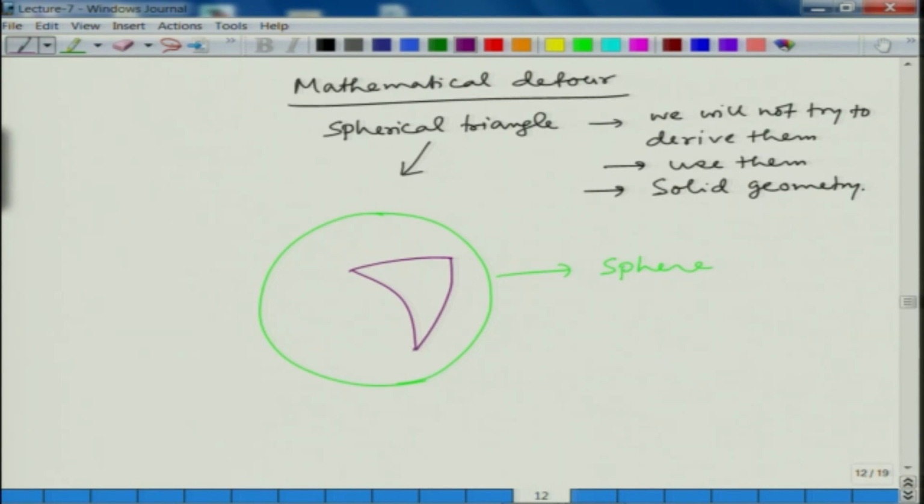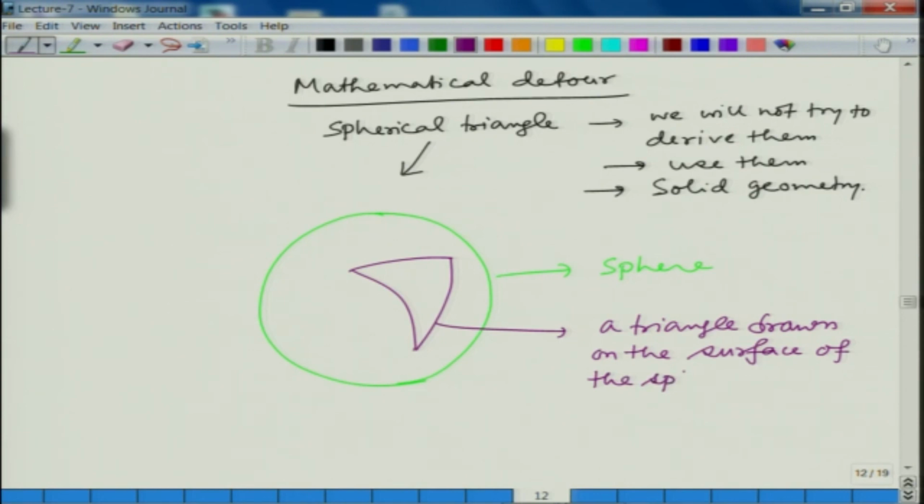Because even if you draw a straight line on the surface of the sphere in 3 dimensions, it will look like this. Okay. So, this is a triangle drawn on the surface of the sphere.